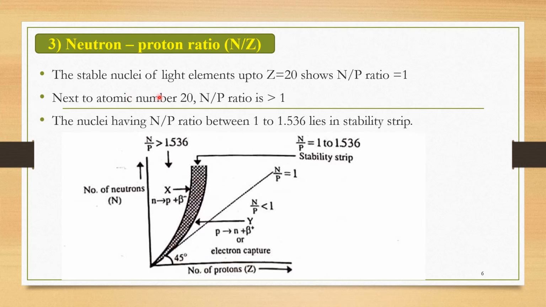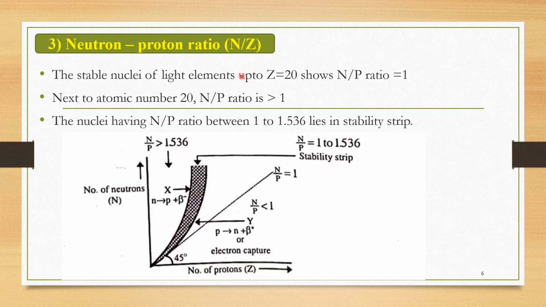The stable nuclei of light elements up to atomic number 20 show a neutron-proton ratio equal to 1. Next to atomic number 20, the neutron-proton ratio is greater than 1. The nuclei having a neutron-proton ratio between 1 and 1.536 lie in the stability strip. So these are the three important conclusions from this neutron-proton ratio.